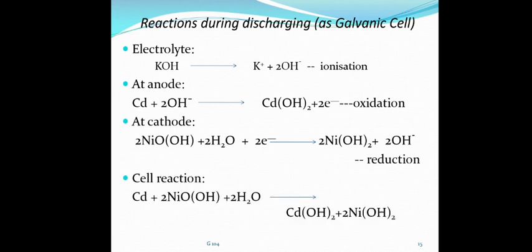The total cell reaction is like this. So what is happening? At anode, cadmium hydroxide, at cathode, nickel hydroxide is formed. So after this, the cell is completely discharged. The EMF of the cell is 1.2 volts.